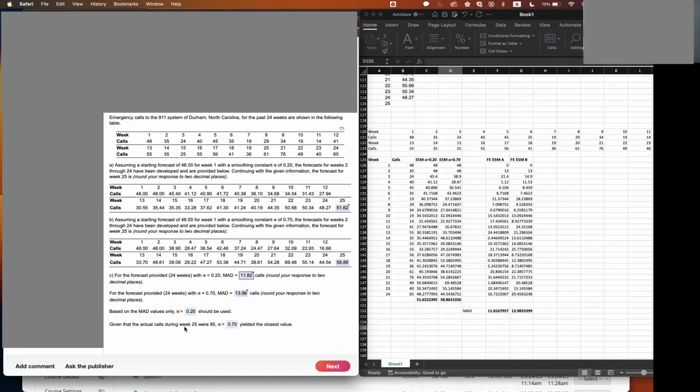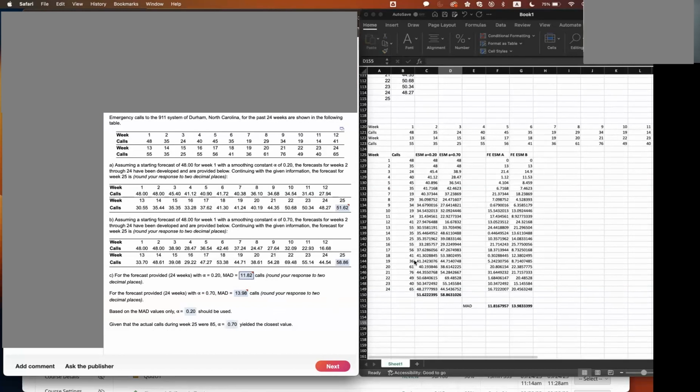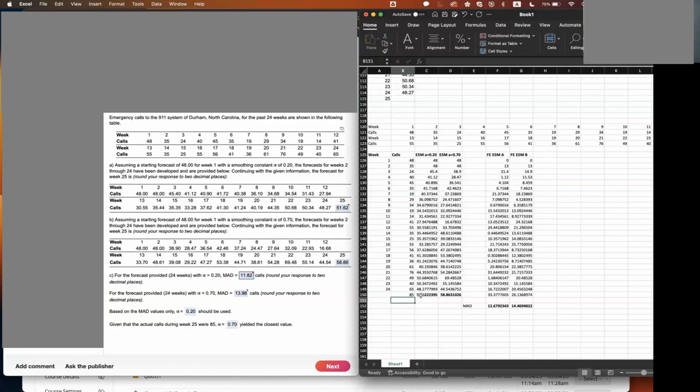So given the actual calls during week 25 of 85, alpha 0.70 yielded the closest value. Given that it was 85, so if this was 85, then as you can see, ESMA predicted 51.62, ESMB predicted 58.86.